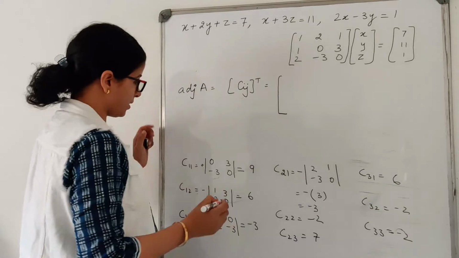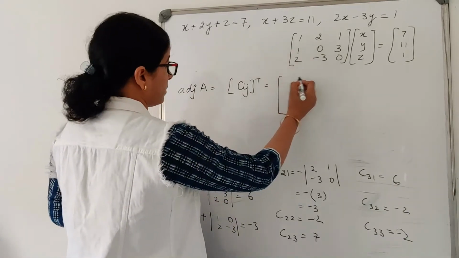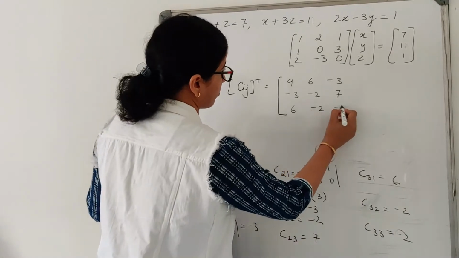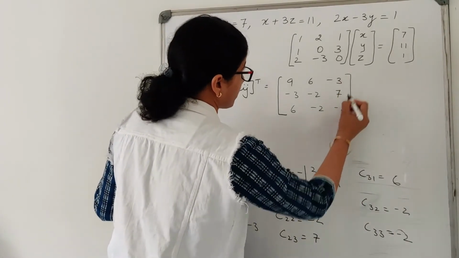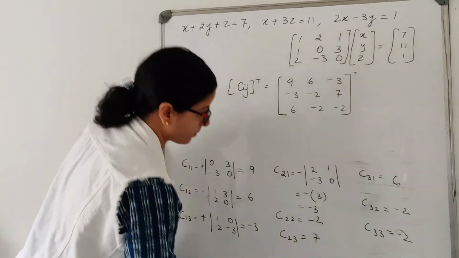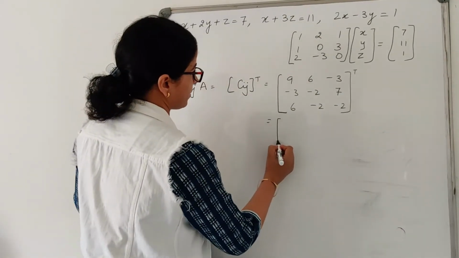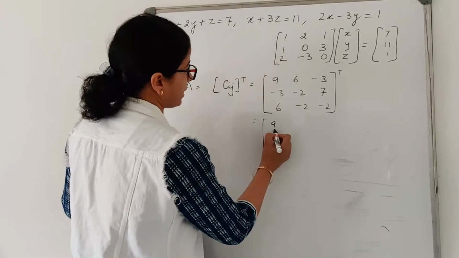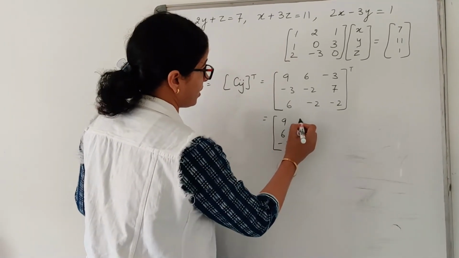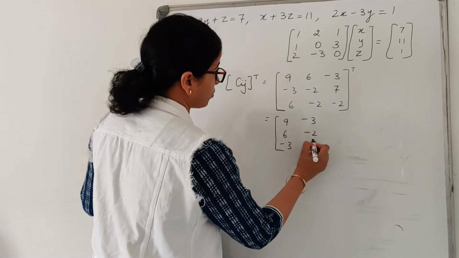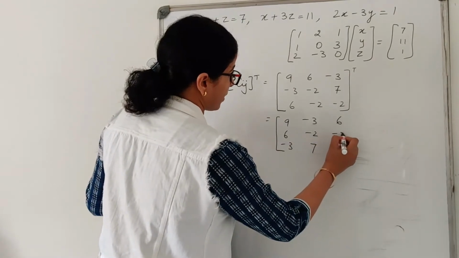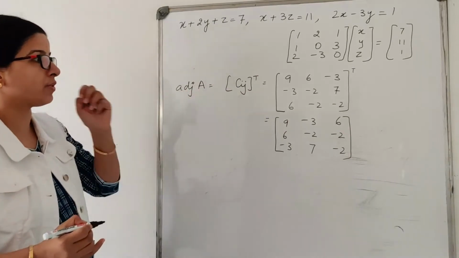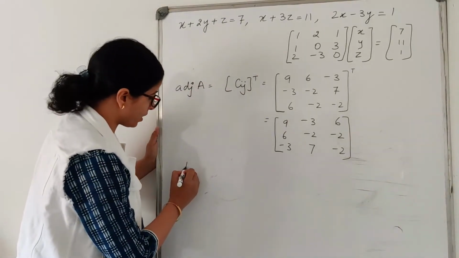So I am going to write what will come here: C11, C12, C13. Okay. So 9, 6, -3, and so on. And what we have to take of it? Transpose. So the transpose of it is rows will become columns and columns will become rows. So [9, 6, -3; -3, -2, 7; 6, -2, -2]. So this is my adjoint of A. Now I'll find A inverse. So what is A inverse?